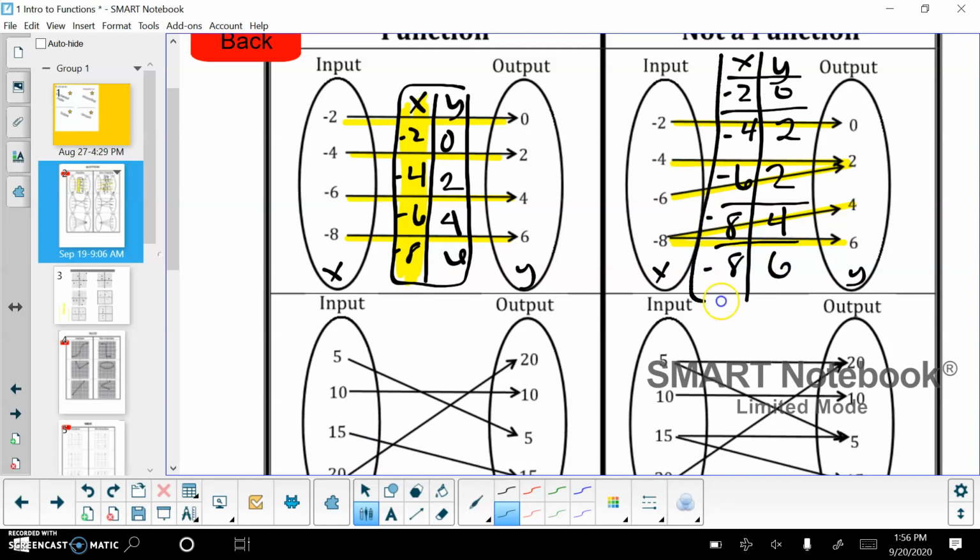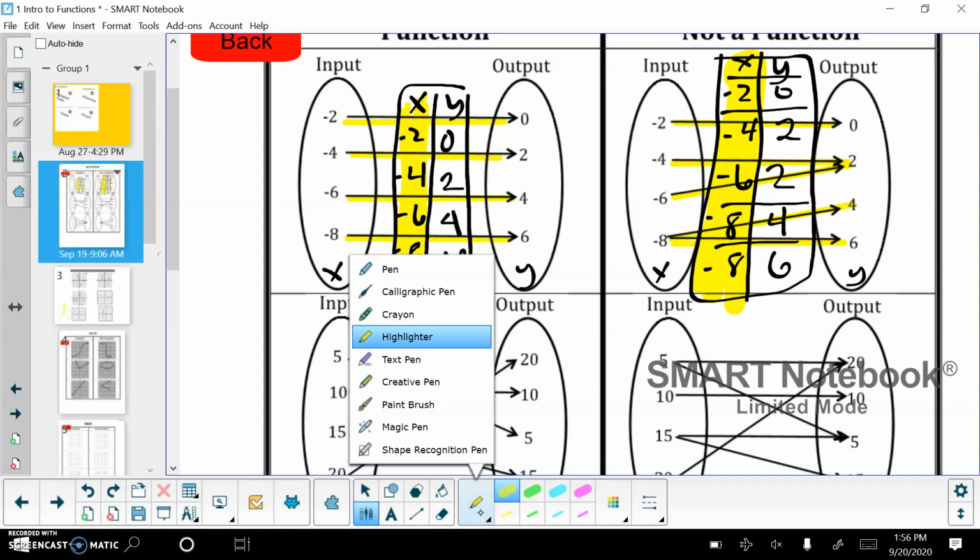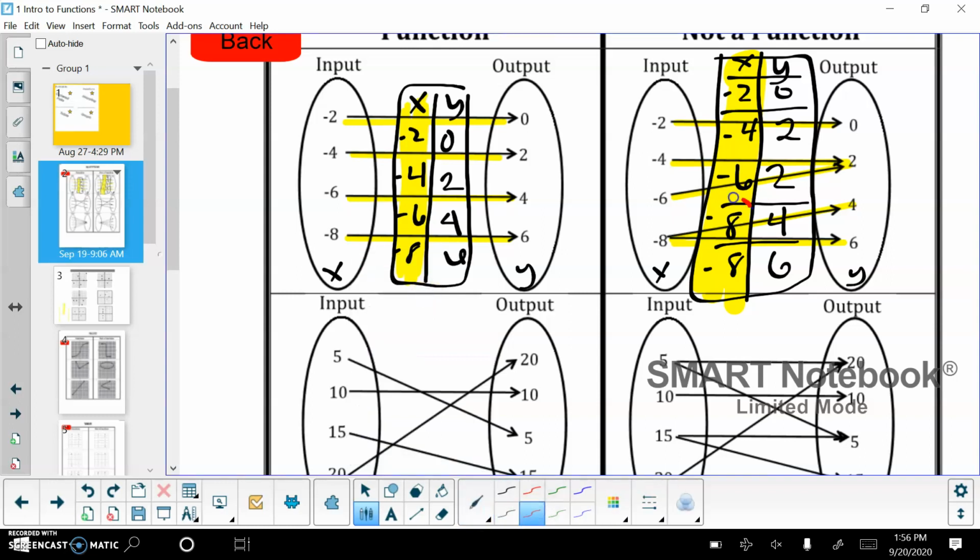So if I look at my table now that I have drawn, and if I highlight my X column, now I can definitely see that I have some repeats here, and the repeats are the -8s. Now how that is shown in a mapping is the fact that we had two arrows coming out of an input value.